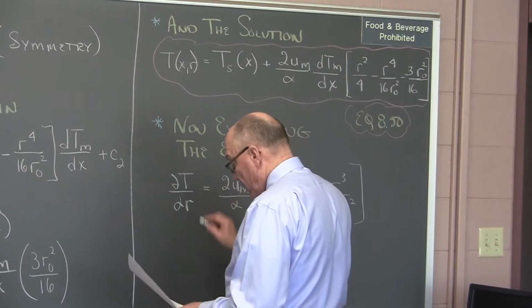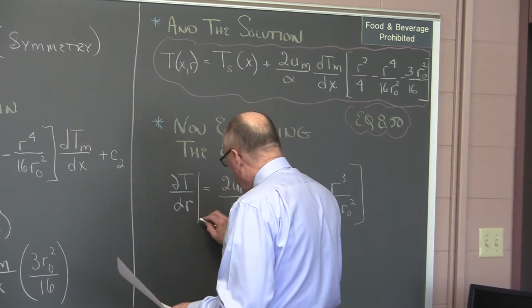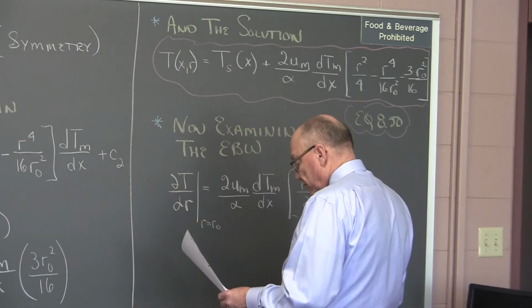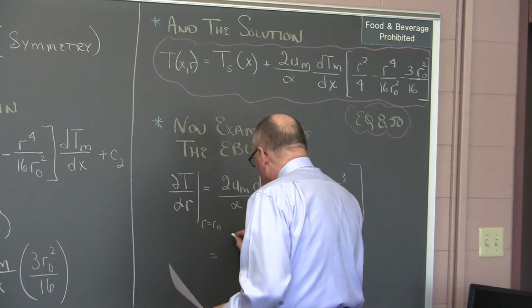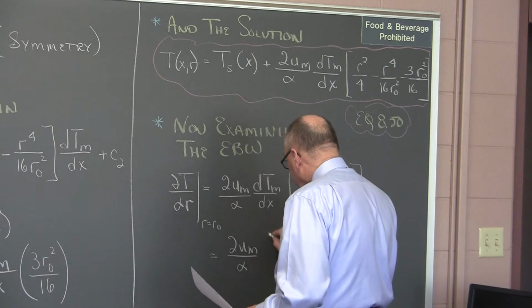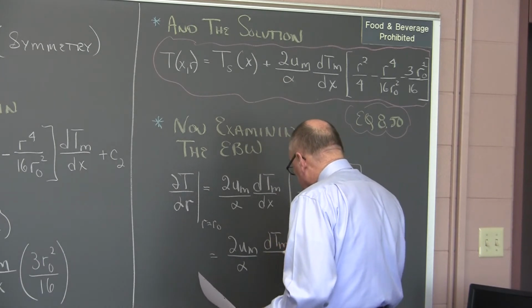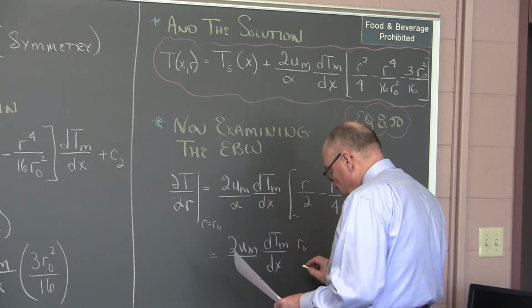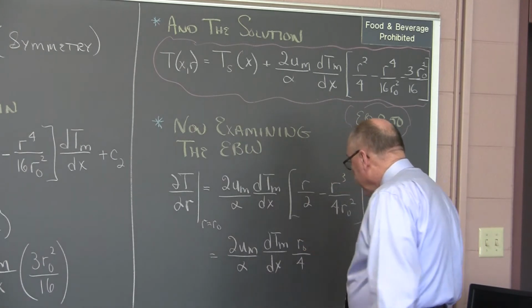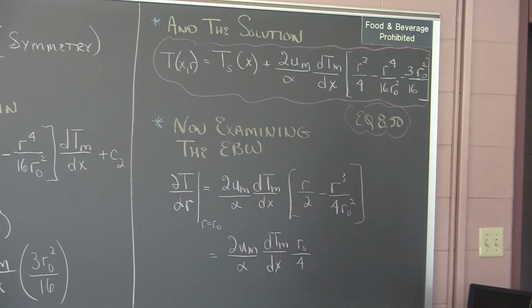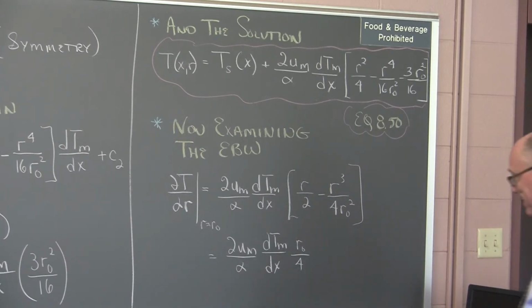And then we evaluate this at r equal to the surface, and we end up with 2um over alpha times dTm/dx times r sub 0 over 4. So all of a sudden, this is looking a little easier. Okay?